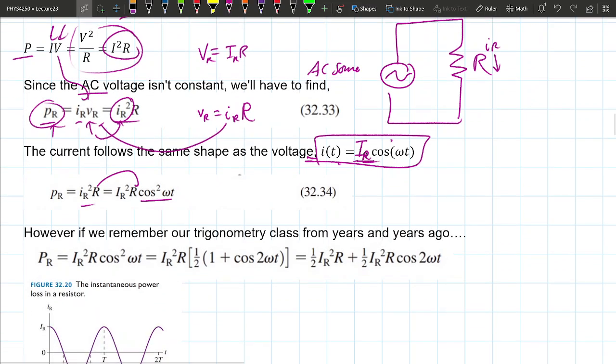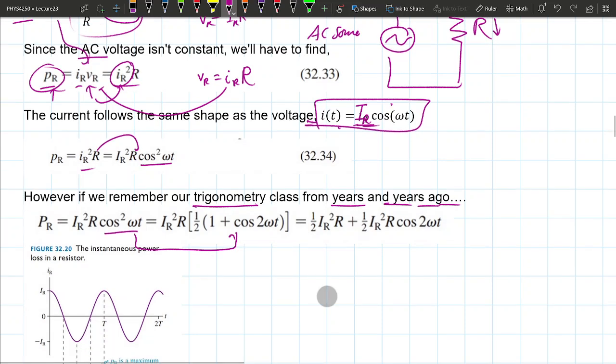If you remember your trigonometry from years ago, for me tens of years ago, there's a trig identity that changes cosine squared to 1/2 plus 1/2 times cosine 2 omega t. This is stuff you have to remember, and what I'm going to talk about in the next section is, let's not remember any of this stuff, just forget about it.